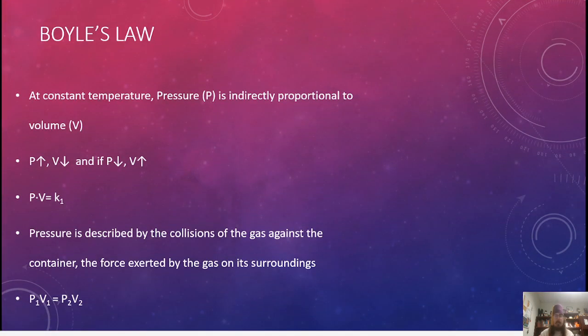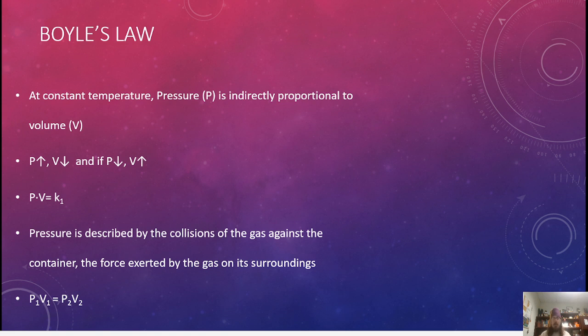Now, we're getting into our basic laws. A law, remember, is a statement of fact without really an explanation.